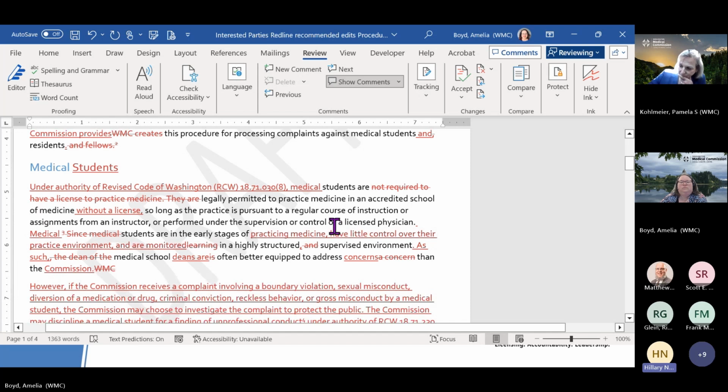And then for the complaint process on limited licenses, they suggested having the referral go to the sponsoring institution's leadership or GME office.